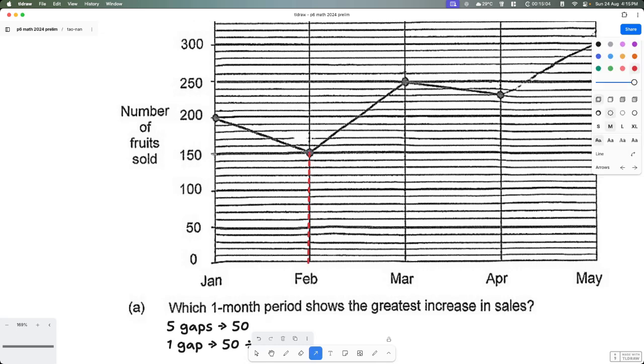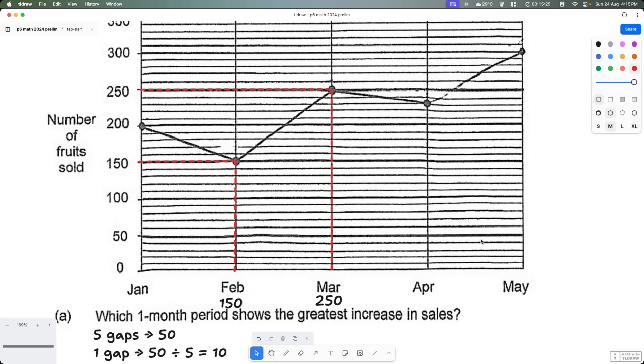From here, February is 150. I'm going to write here 150. Then for March, this will be 250. Next one will be April. Let's get a line for April.